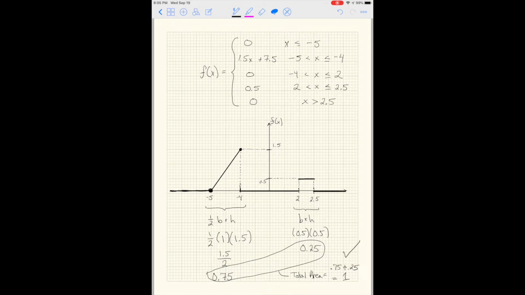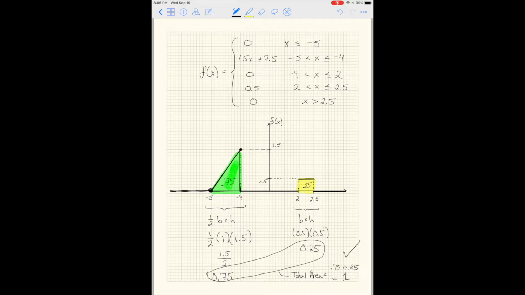So just to make it absolutely clear to everybody, this triangle here that I kind of drew there, if I were to sort of fill that triangle in, this triangle's total area is 0.75, and this little rectangle's area over here is 0.25.